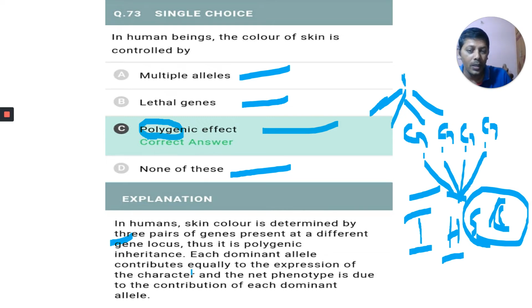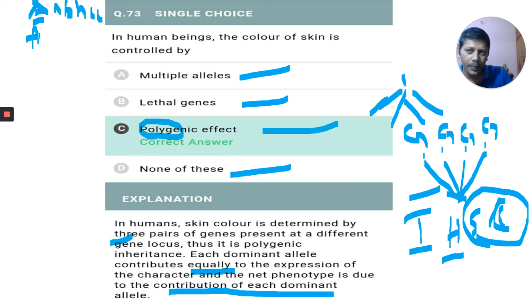The net phenotype is due to the contribution of each dominant allele. For example, there is one dominant allele in one person, and the remaining are small a, small b, and small c. Here only one gene is contributing to the color.